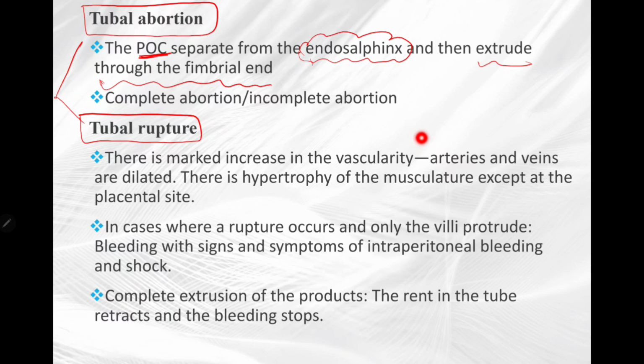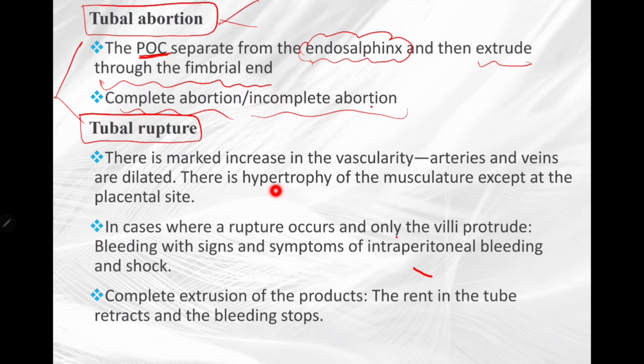What is salpinx? Salpinx means fallopian tube. So all the products of conception separate from the endosalpinx and then extrude, or come out, through the fimbrial end. Complete abortion or incomplete.